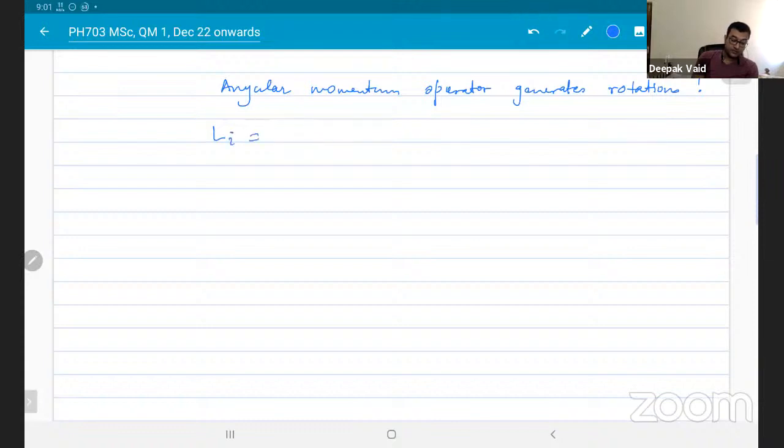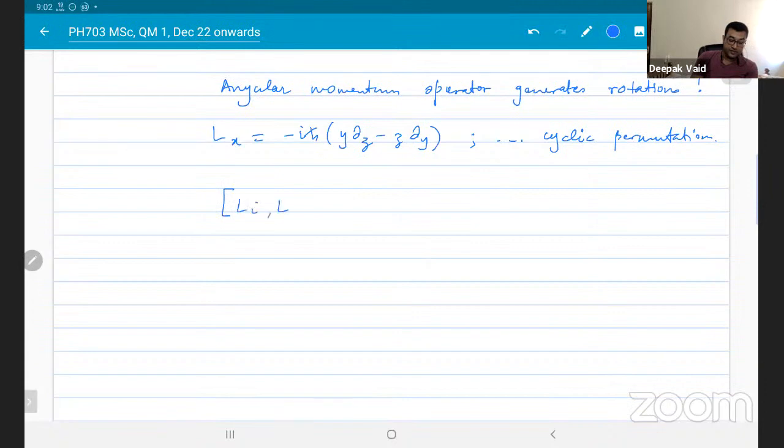Lx is equal to minus i by h bar, y dou z minus z dou y, and then cyclic permutations. Okay, and then you can show that if you look at the commutation relation of Li and Lj, you get i h bar epsilon ijk Lk. So this you should prove. Okay.